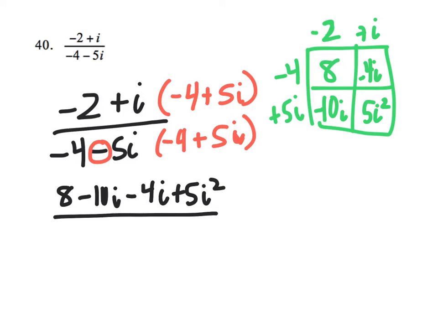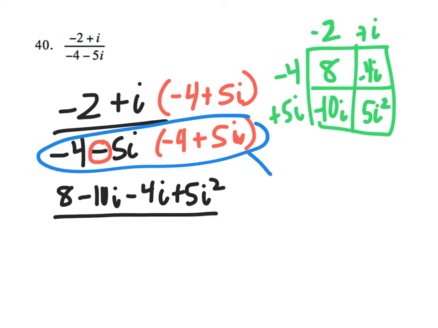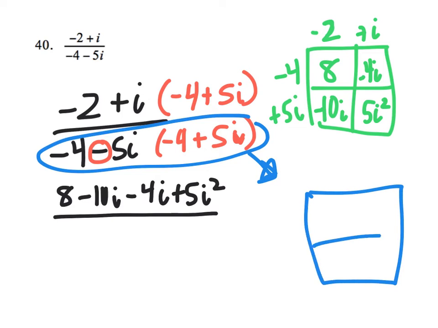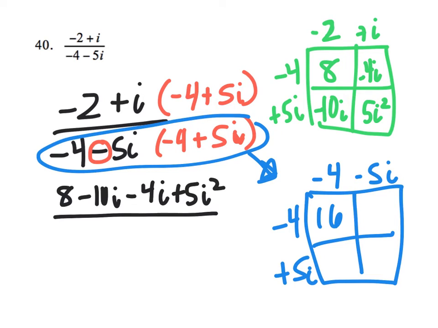Let's do the denominator now. We're going to do this guy over here. I feel like my arrows get uglier as we go here. All right, we have -4 minus 5i, -4 plus 5i. Good thing here, a bunch should cancel. If I do -4 times -4, I get 16. -4 times -5i gives me a 20i. -4 times 5i gives me a -20i.